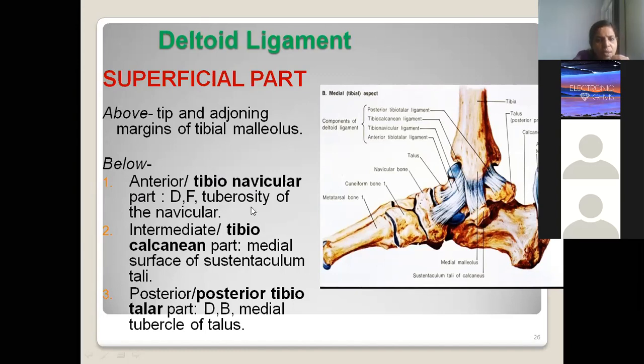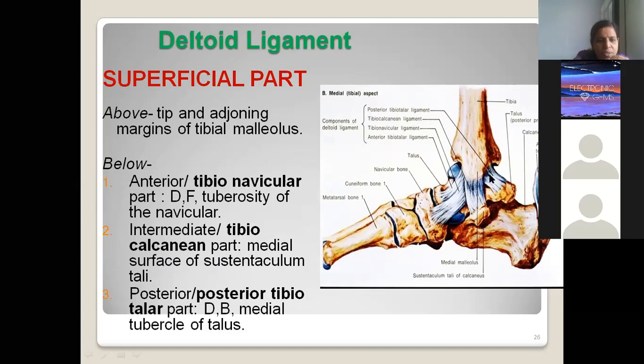Then the intermediate fibers, tibiocalcaneal. What is the name of this bone you are finding here? Calcaneus. So these are the intermediate fibers, tibiocalcaneal in the middle. The medial surface of this part of the calcaneum bone is the sustentaculum tali. From the medial malleolus to the sustentaculum tali of calcaneus, you have the intermediate fibers of the deltoid ligament.